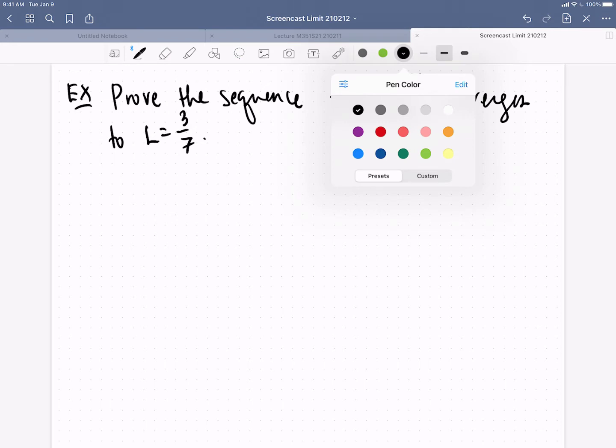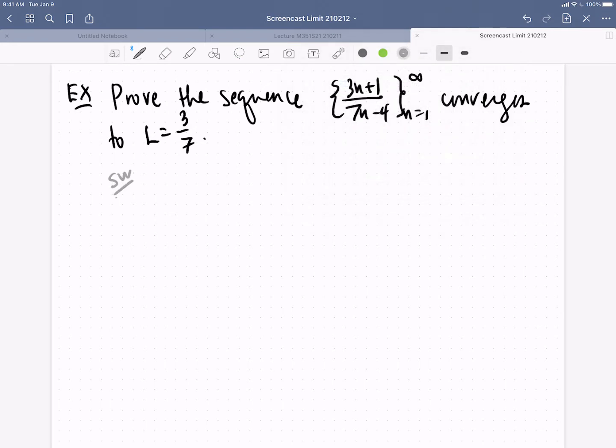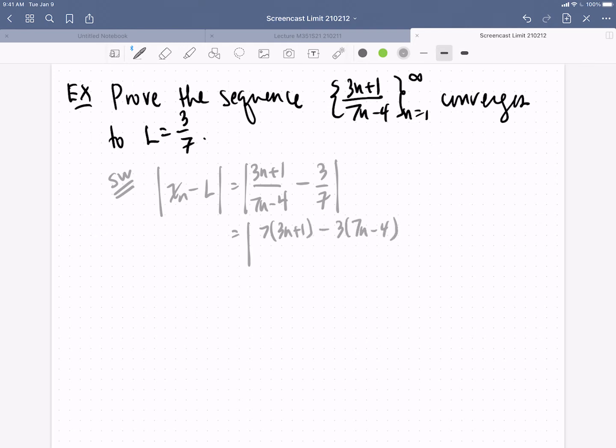So let's do a little scratch work, and then the scratch work will inform our proof. We're going to look at the distance between the nth term and the limit. In our case, that's (3n + 1)/(7n - 4) minus 3/7. I'm going to write this as a single fraction over a common denominator.